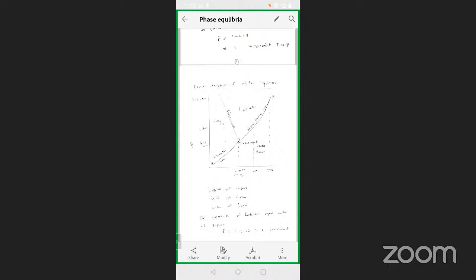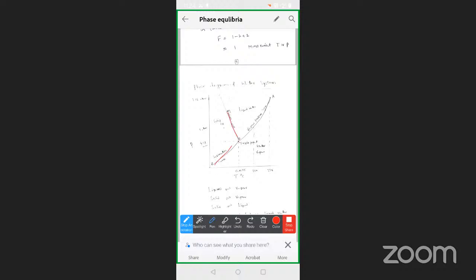Now this graph represents the phase diagram of the water system. Which system? Water system. These curves give the relation between pressure and temperature.